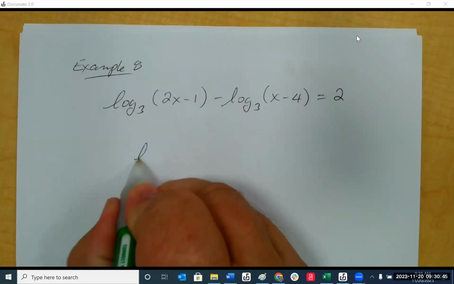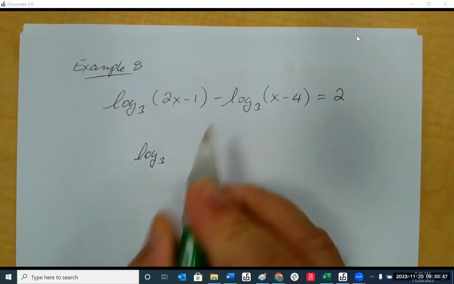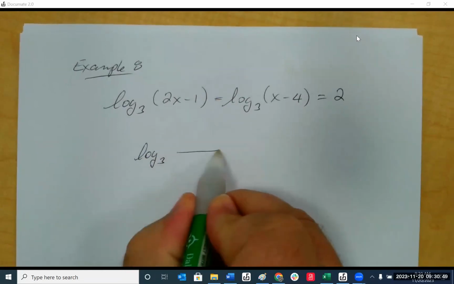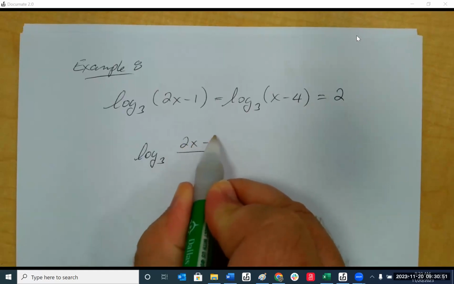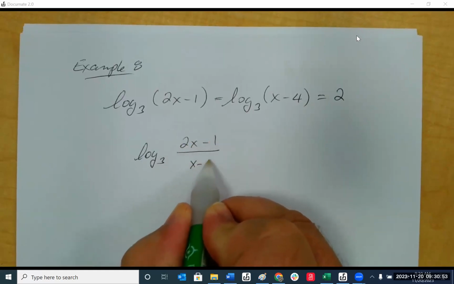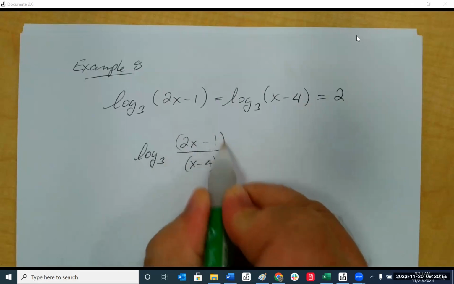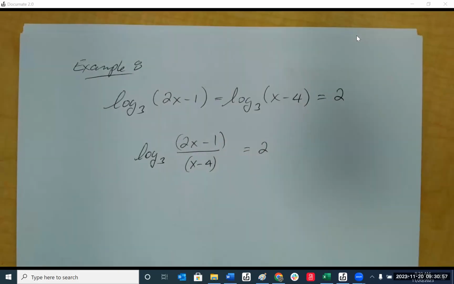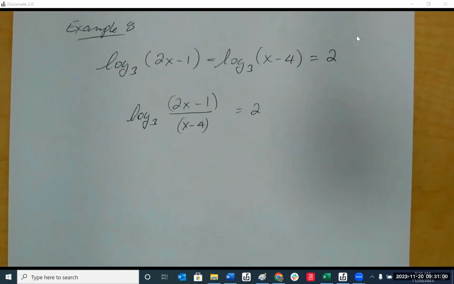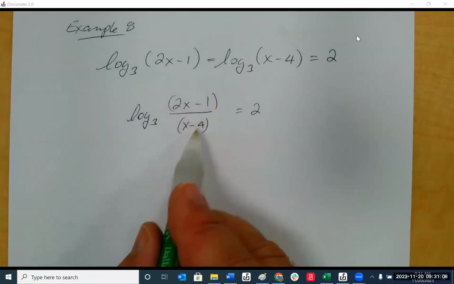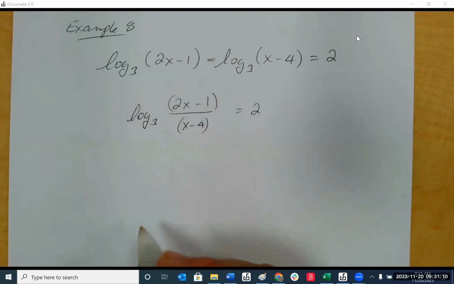Into what? Since it's a minus, it's a quotient rule. So log base 3 of 2x minus 1 over x minus 4 equals 2.